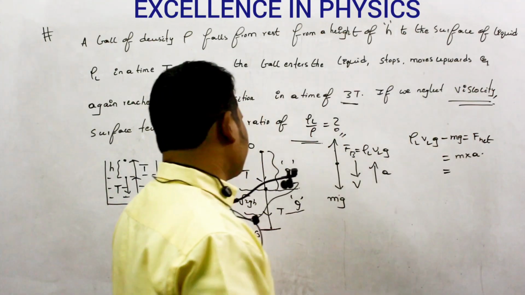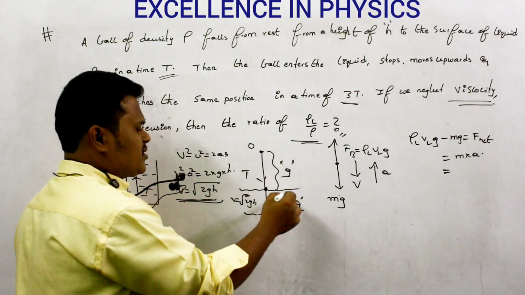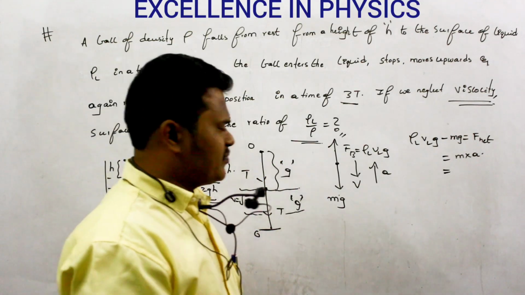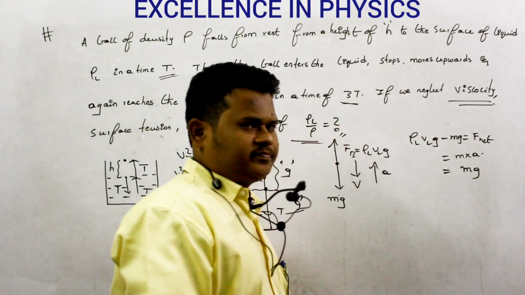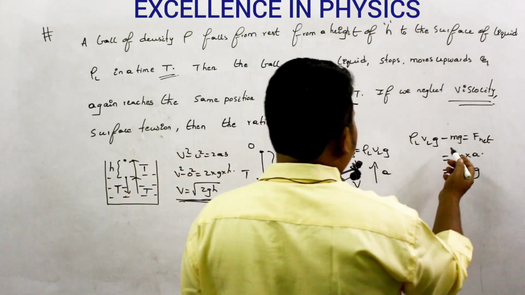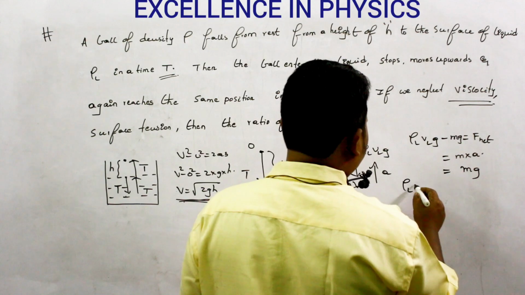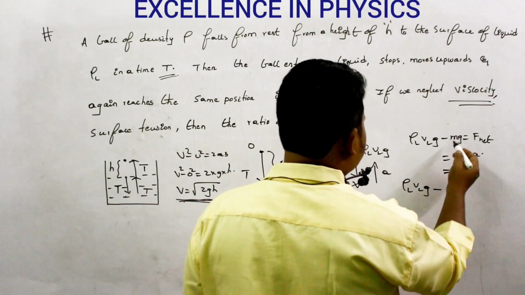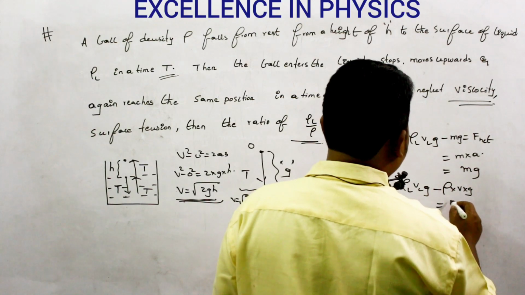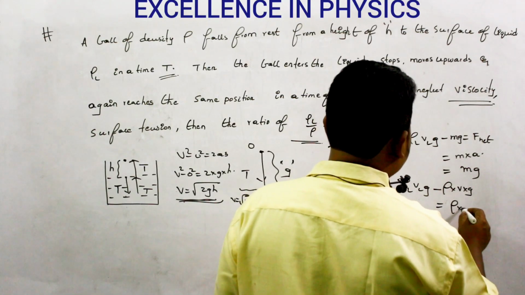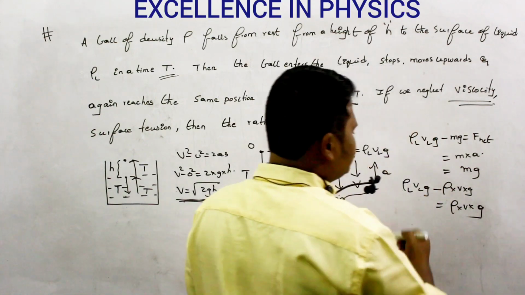We have already studied that. Here also g acceleration and here also g acceleration, so I can write m into g itself. Then mg, how can I write? Rho L VL g minus mass, which can be written as density into volume into g, is equal to, again, mass written as density into volume into g.